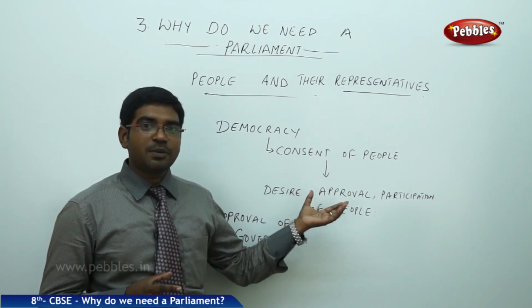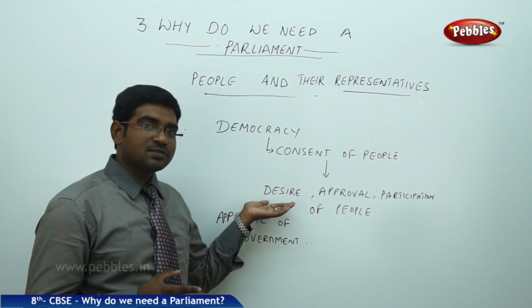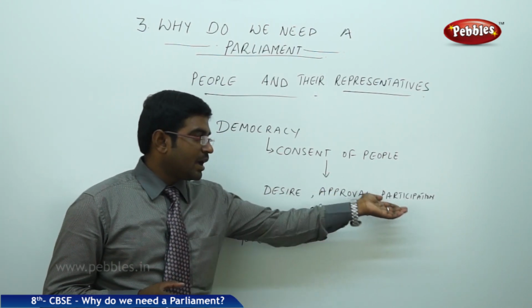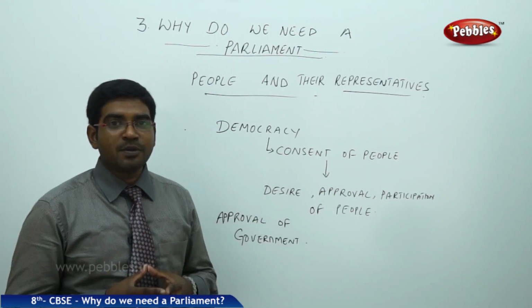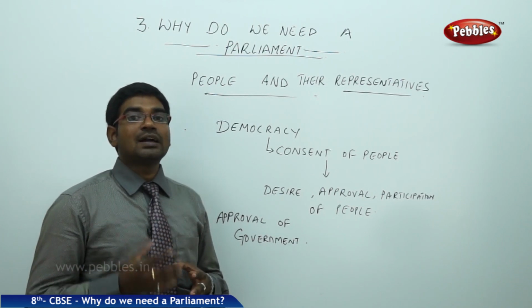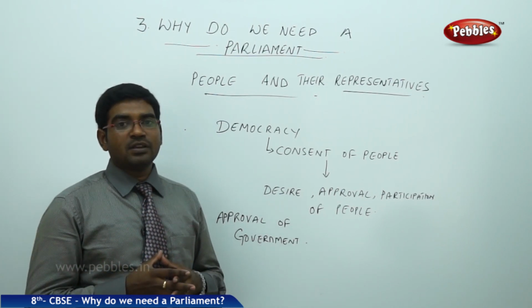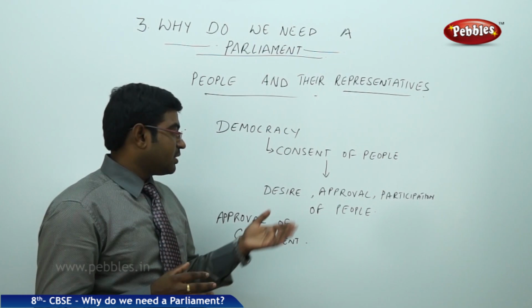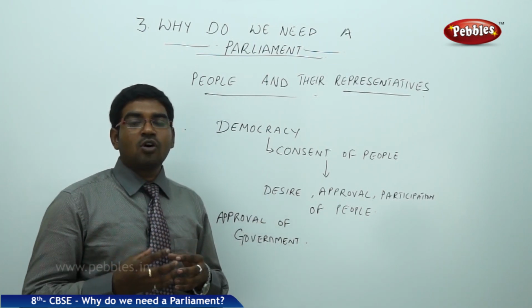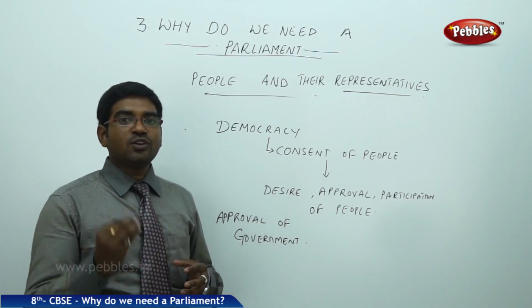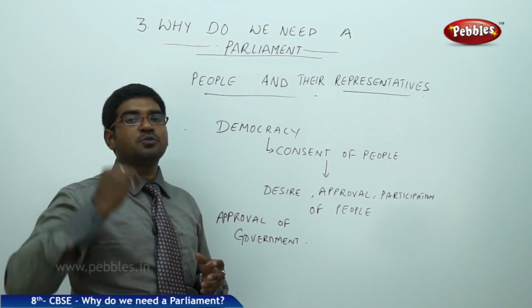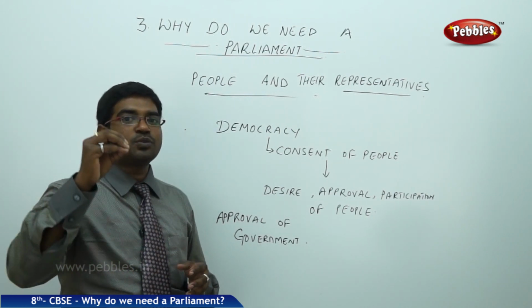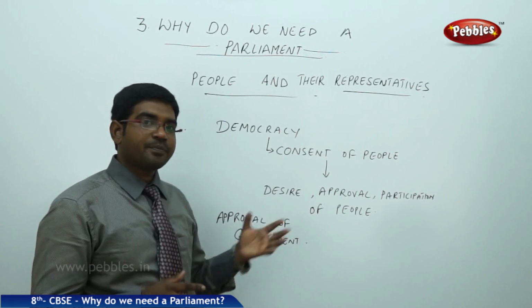How do people express it? Based on the desires, approval and participation of the people, we get to know the consent of the people. If a large section of people decide that this kind of system or this kind of rule should be in place, that is a desire.